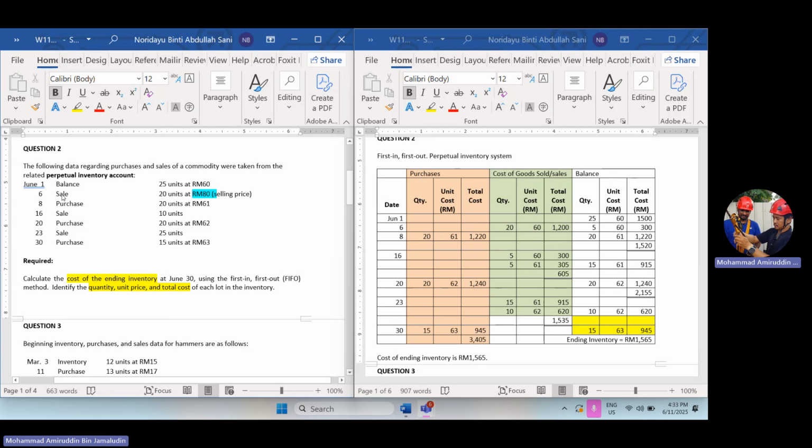How to determine the purchase cost? We need to see the method. Like here, we use what? First in, first out. What does it mean, first in, first out? When I bought the flour and the egg first, that's the inventory, the stock that I will use to produce my cake. What's the logic?